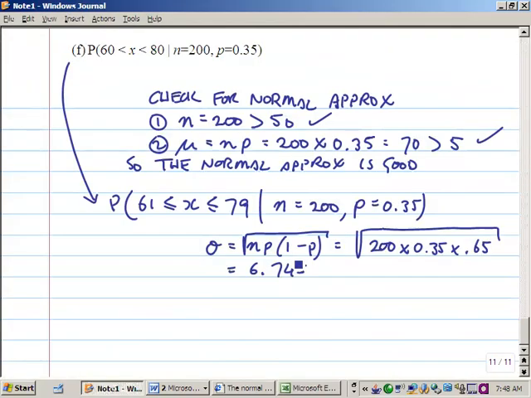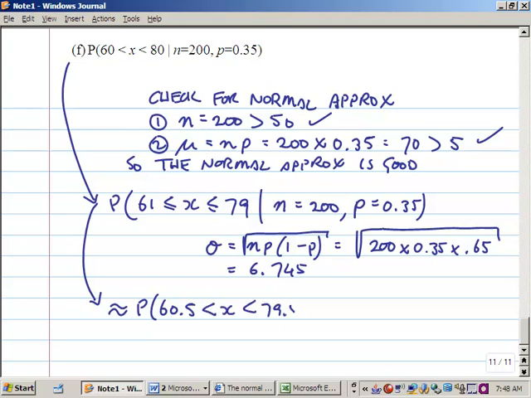Just to check myself that I wrote it down correctly. Alright, so this can be written as approximately equal to, and we go down a half from the lower limit, we go up a half from the upper limit. Mean is 70. Standard deviation of the normal that we're going to use to approximate is 6.745.